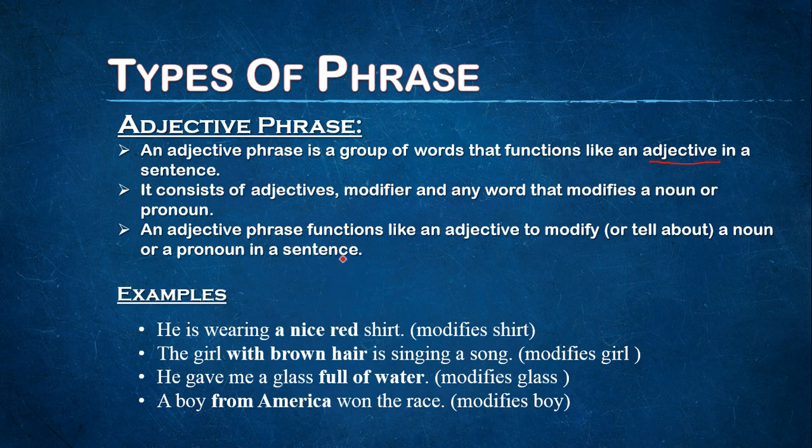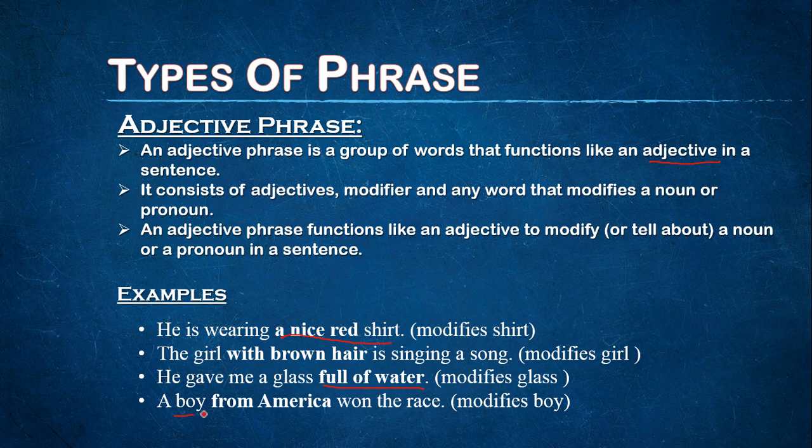For example, he is wearing a nice red shirt. Here it modifies shirt. Therefore, it is called an adjective phrase. The girl with blue hair is singing a song. Here it modifies the girl. He gave me a glass full of water. Full of water is an adjective phrase which modifies a glass.